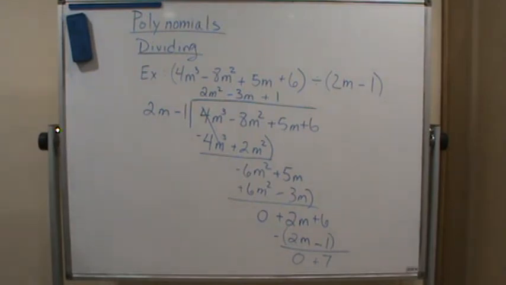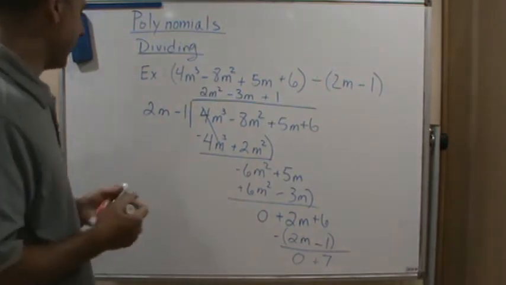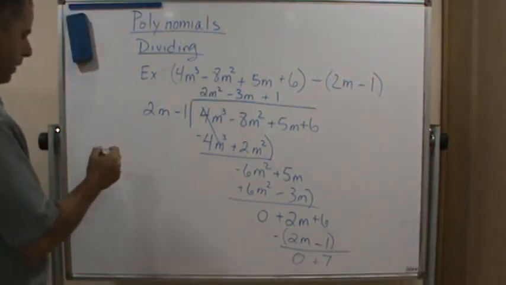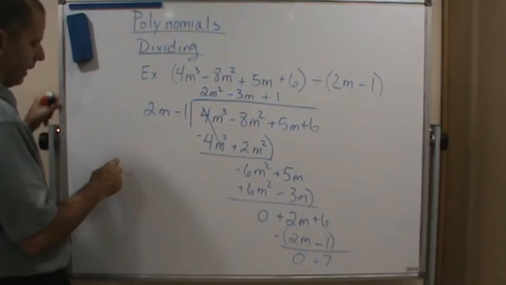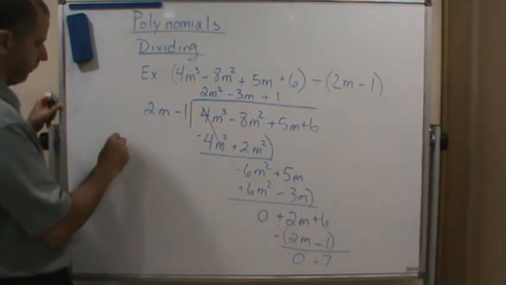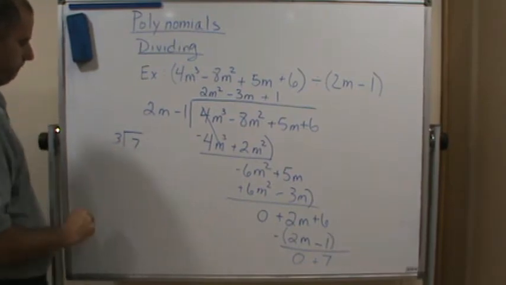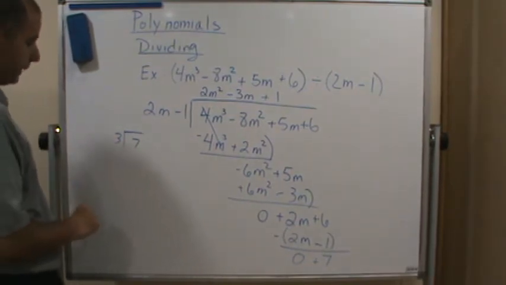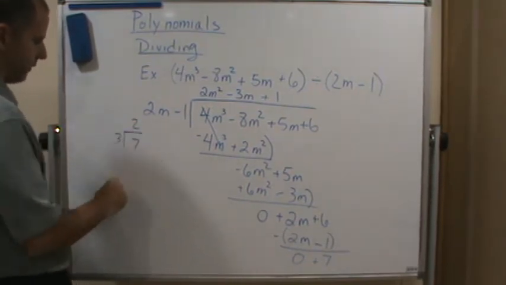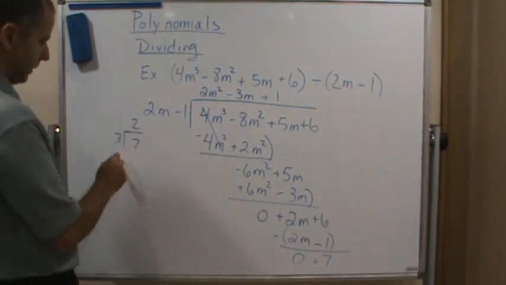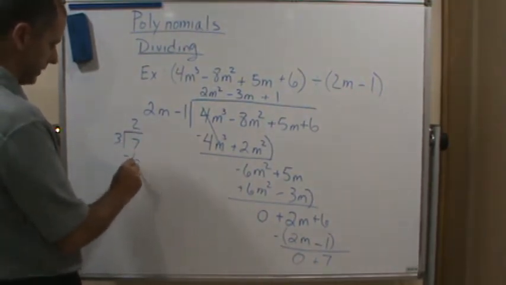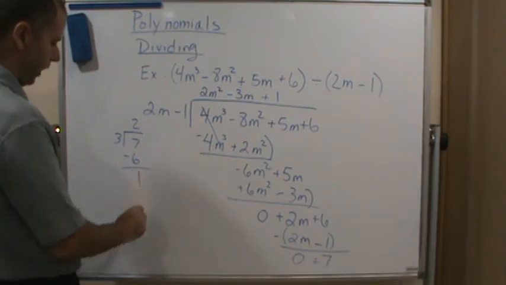So now, how do I write this? What's the answer? Well, just like when we divide numbers, right? If I divided 7 divided by 3, well, how many times does 3 go into 7? Twice. I multiply, 3 times 2 is 6. I subtract, and I get 1, and I'm done.